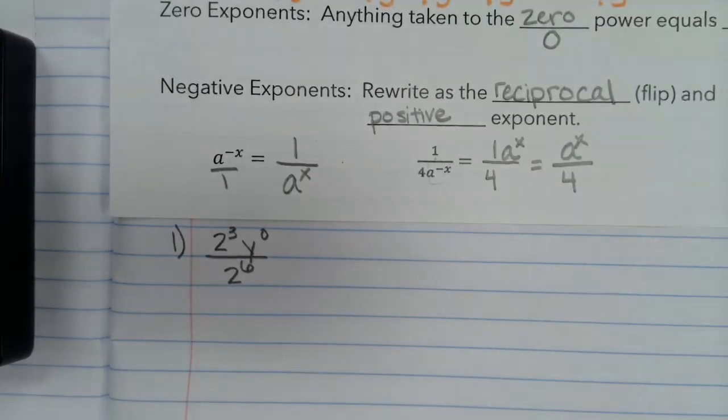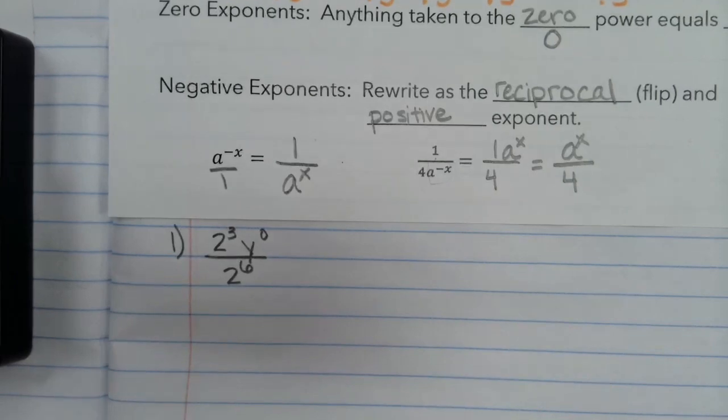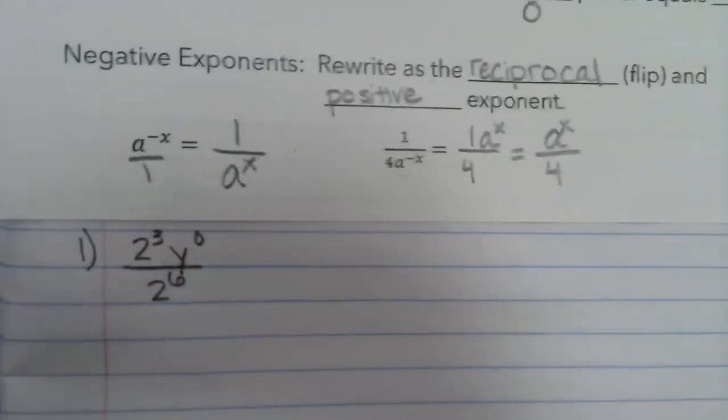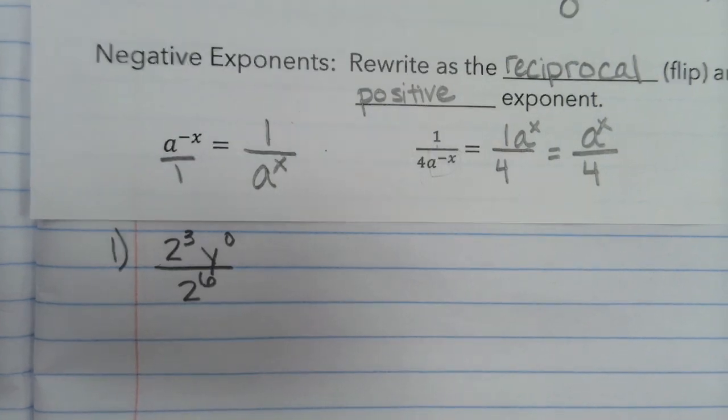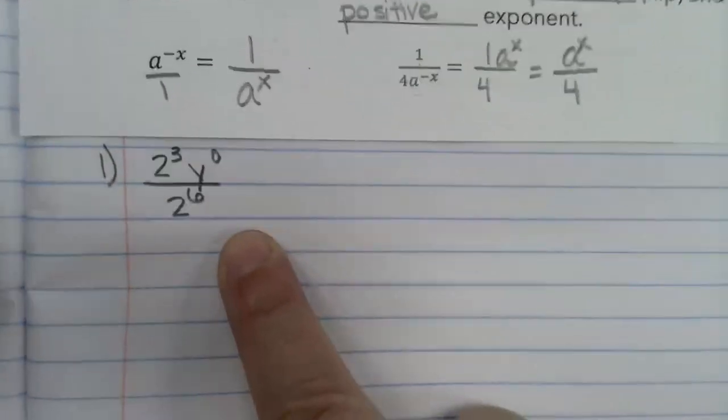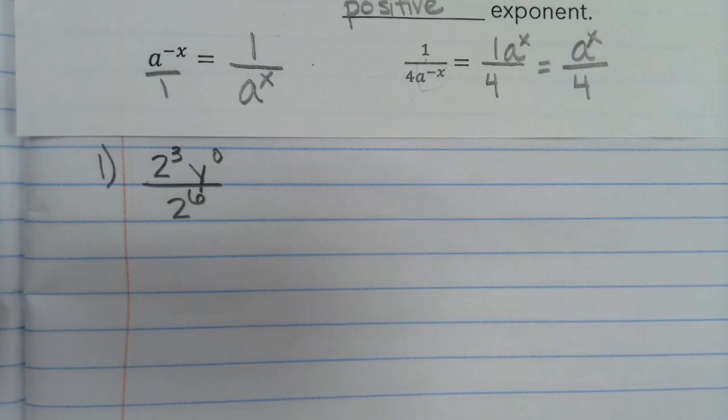Alright, so what do we notice about this? What needs to change? How can we simplify this? What part needs to simplify? Phone away. Not in your lap. Okay, so what do we see about this?